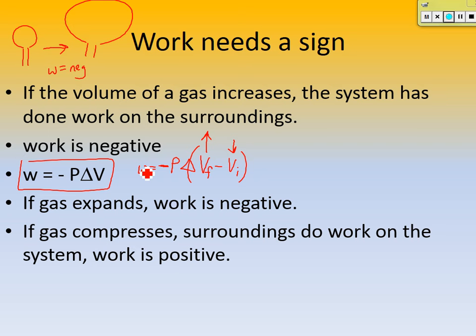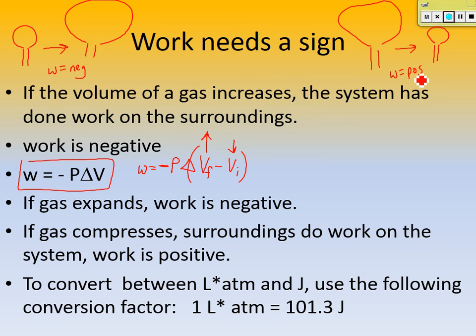So now if we take the opposite of that, if we have this huge balloon and then over time we compress that, the sign of work is going to be positive. So if the balloon expands, it gets to a greater volume, work is what? Negative. What if we compress that air? Work is positive.